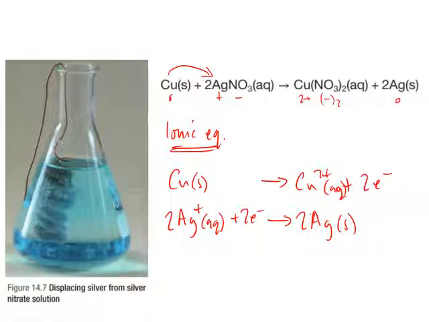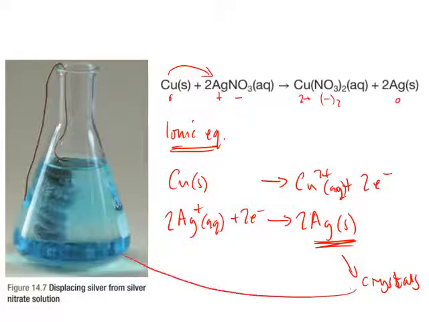So each silver atom is combining with an electron, and we're forming our solid silver, and that's our crystals.